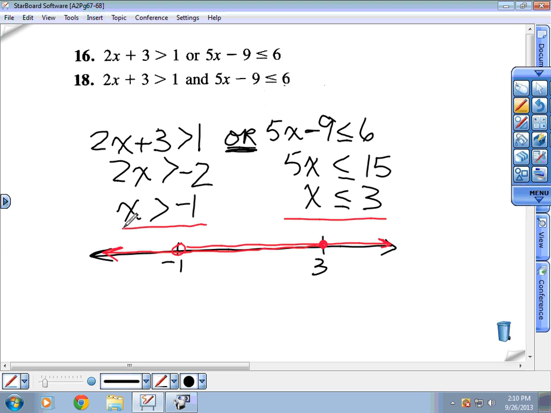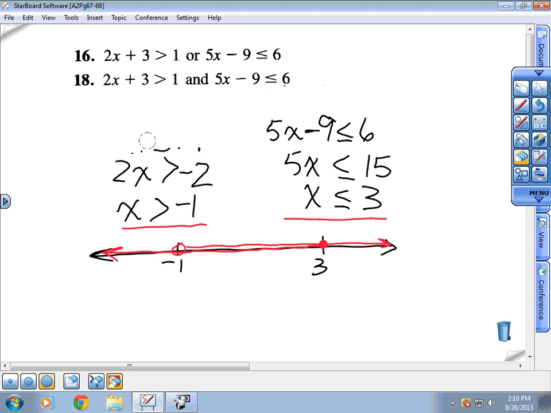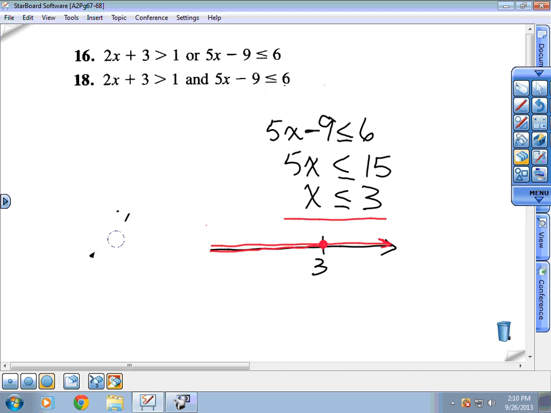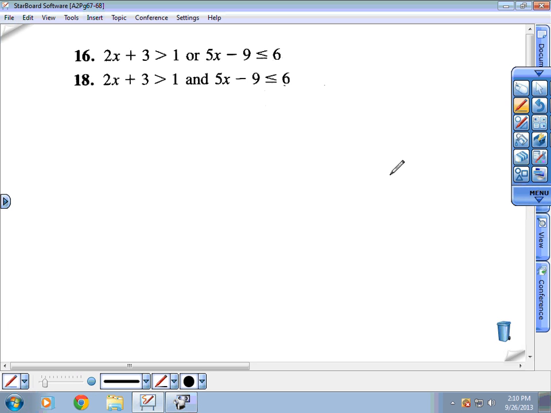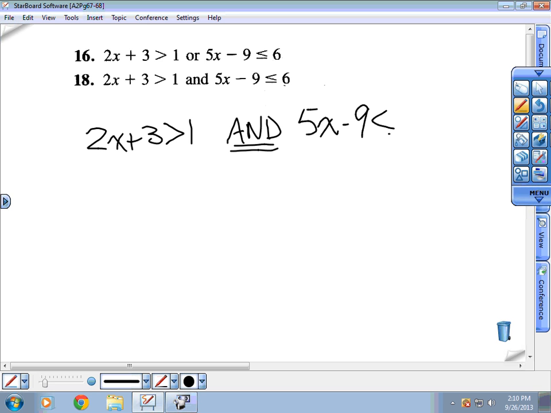Now, let's try the conjunction, and we're going to change this to and. Let me get rid of some things here. Okay, we have 2x plus 3 is greater than 1, and means both things have to happen to make this true, 5x minus 9 is less than or equal to 6.